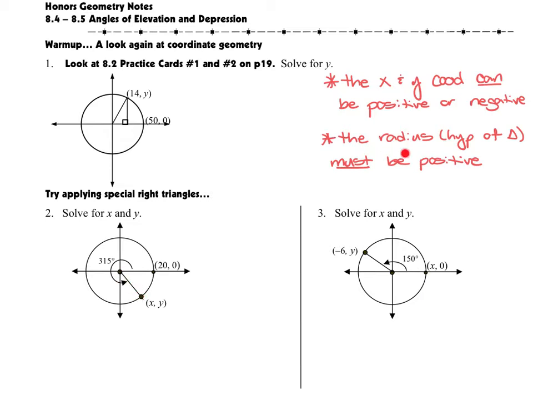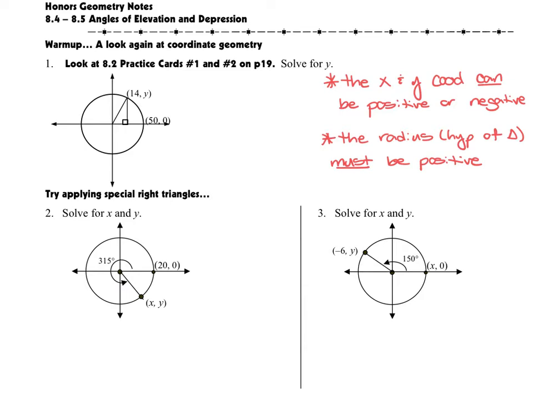That's because the radius of a circle by definition is a distance, and distance has to be positive. So the x and y are going to be movements in the coordinate plane. The radius is always going to be a distance and will have to be kept as positive. Now, beyond that, we're just going to apply Pythagorean theorem and then our two special right triangles.